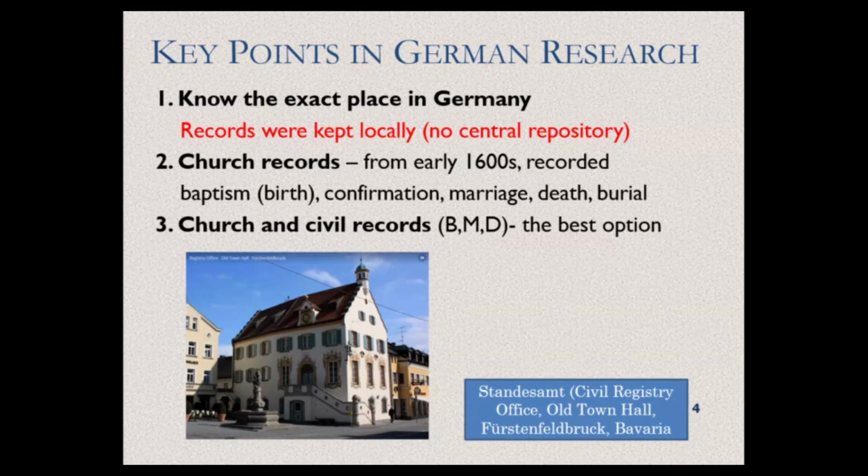I will show you another website where you can find those records. Records are kept locally, so I need to find literally that village, or at least the closest parish. It could be the closest next village, and also the town, because there might be more than one village with the same name.